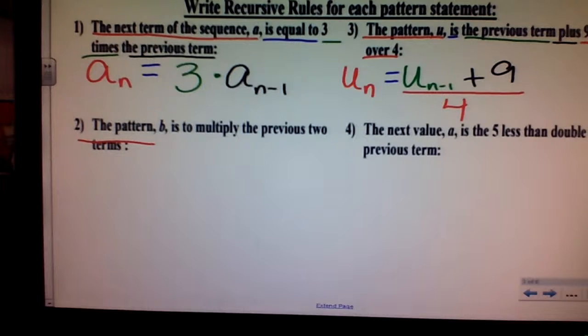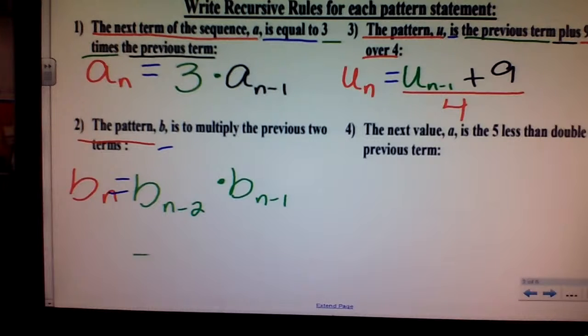This time, the pattern B. So now we're at B sub N equals B sub N minus 2. And I need to multiply that against the number that's 1 space back, so B sub N minus 1.